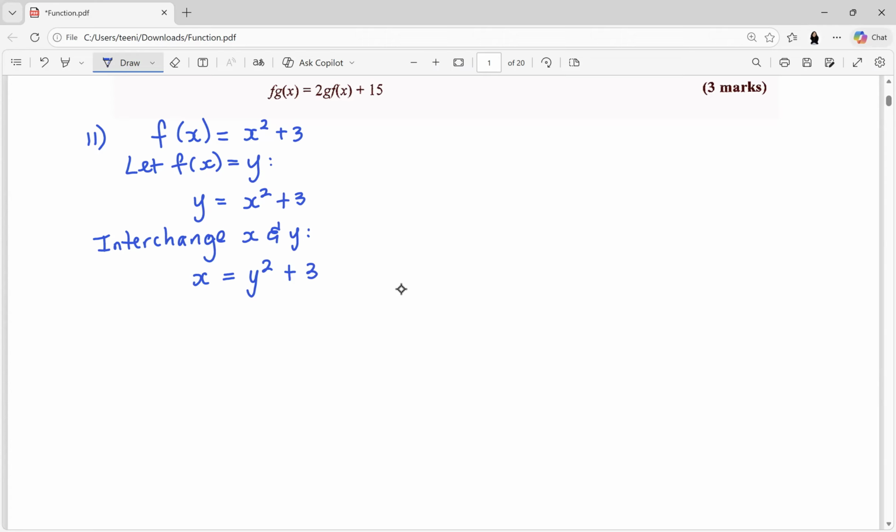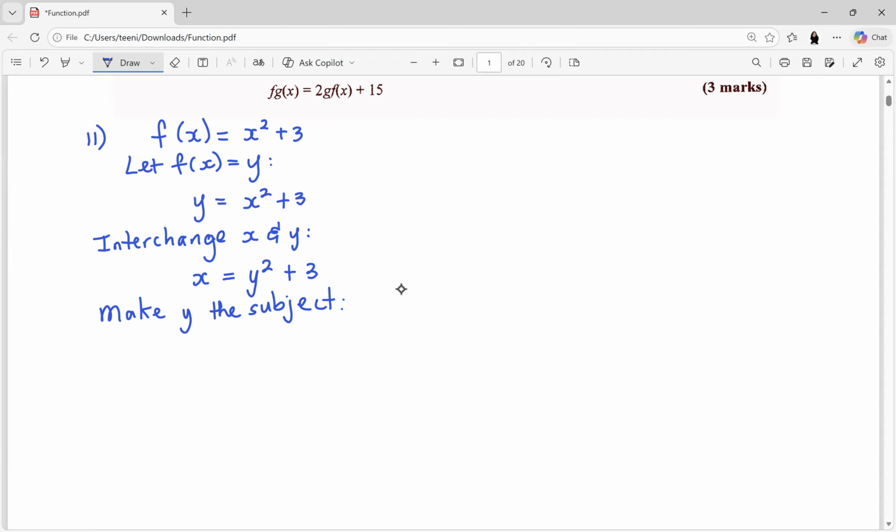And now I'm going to make y the subject. That means that I want y by itself, right? So you see how I have y squared plus 3 there? I want to get rid of everything else but y. So firstly, I want to get rid of this plus 3. What's the opposite of adding 3? You take away 3.